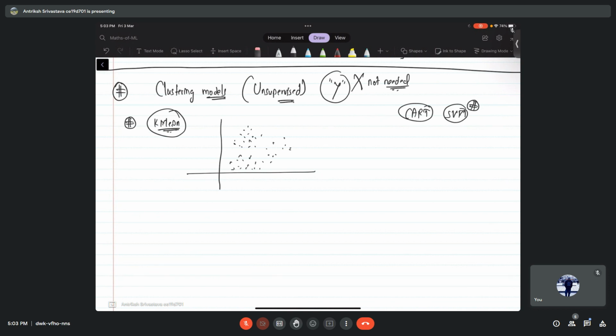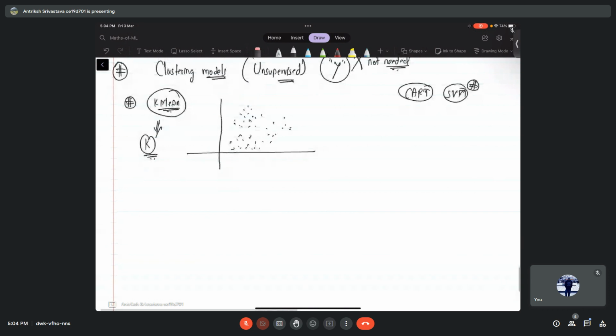What you do is you start by stating the number of clusters, that is K. That is the number of classes you want to divide this data into. In this particular case, you may be able to see three classes. We can see that I have made three classes here: this, this, and this. But let's say we don't know that.